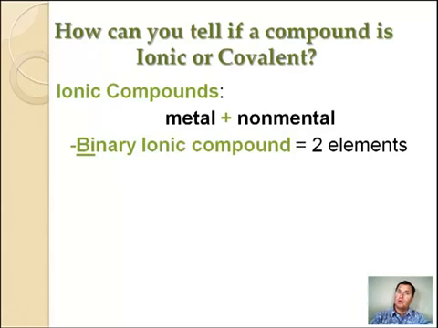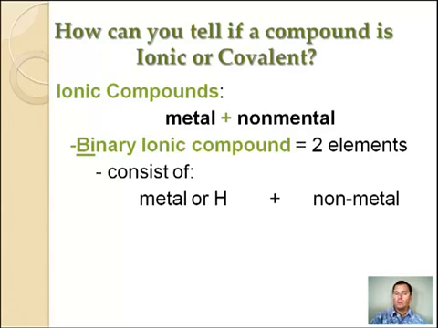Binary, bi means 2, so these are going to be ionic compounds made up of 2 elements. So a binary ionic compound consists of a metal or hydrogen. We're going to consider hydrogen to be a metal in this case, or it's going to be positive, plus a non-metal. So our metals are cations, or positively charged. Our non-metals are anions because they gain electrons. They're going to be negatively charged.